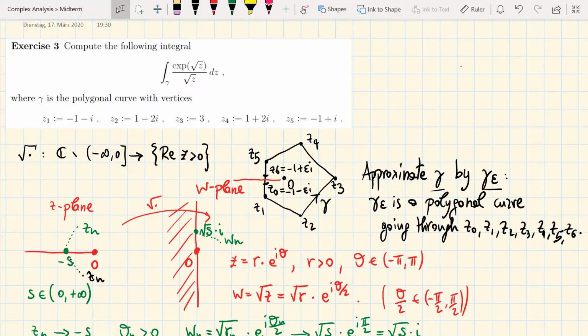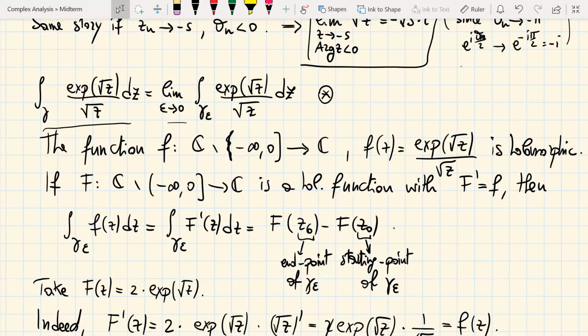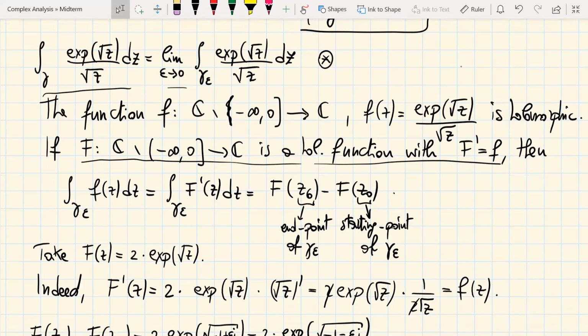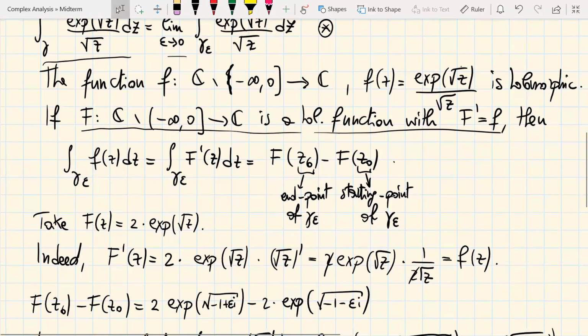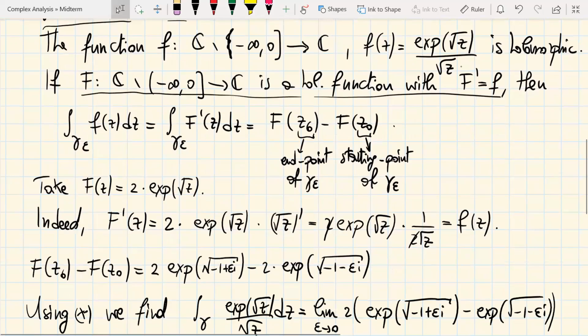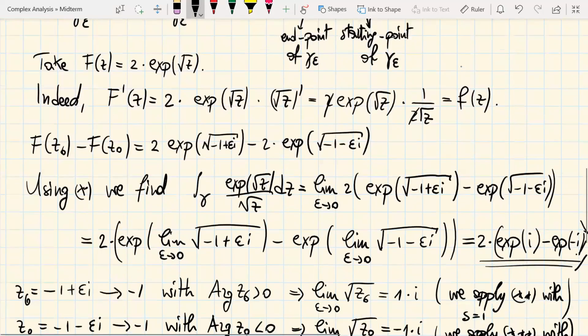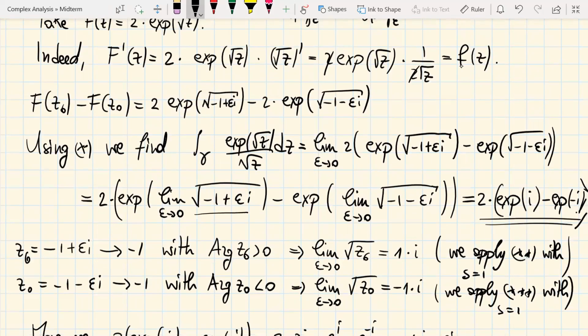And once we know that the function is holomorphic on the curve gamma epsilon, we can use that if we know a primitive, this big F, then the integral can be written as the difference between F at the end point of gamma epsilon minus the value of F at the starting point of gamma epsilon. So this big F we found was easy to find. And now we have to pass to the limit. And to pass to the limit, we have to know what happens to the square root of z6 and z0.